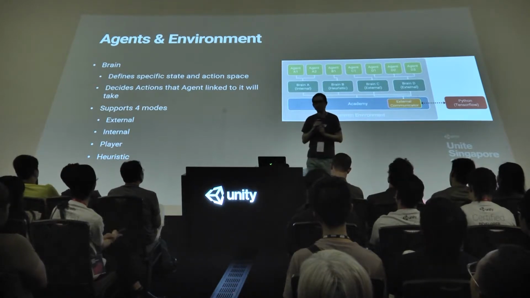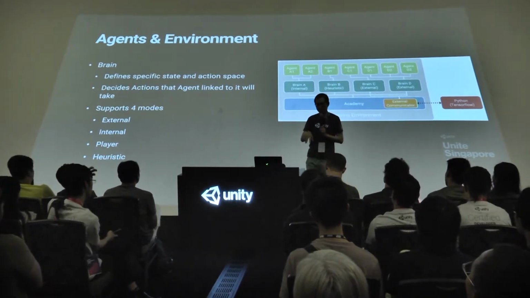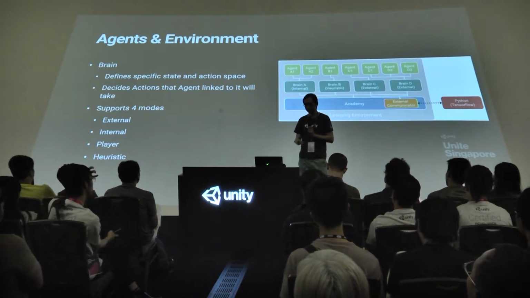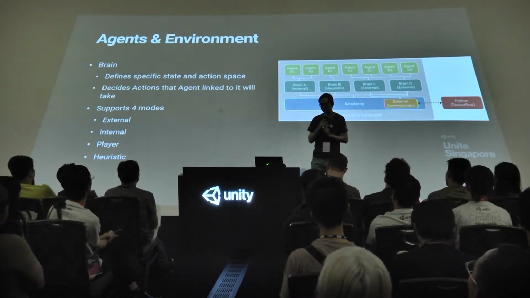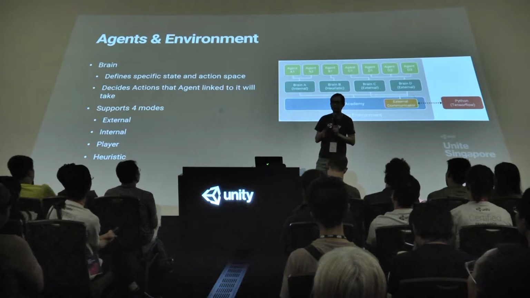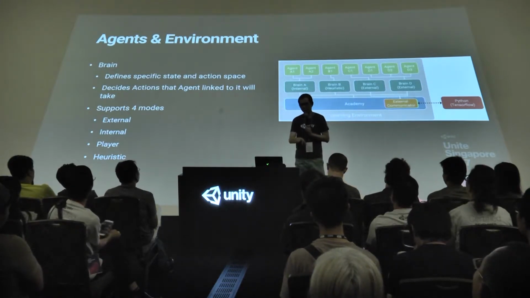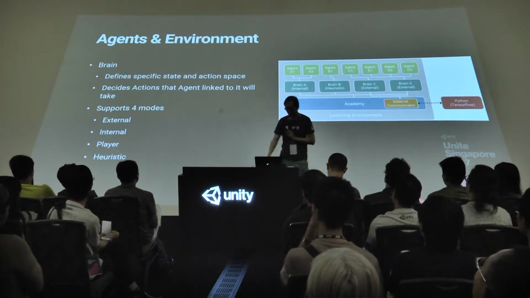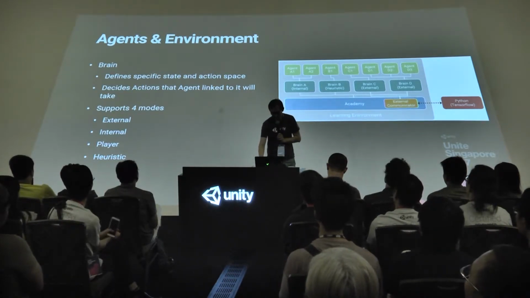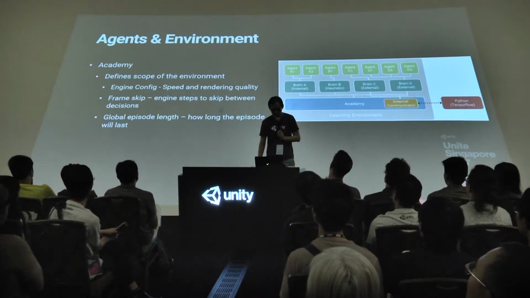Player, of course, is you allow the player to be controlling the brain, right? This is like you're the player and you're controlling this character. Heuristic will be the traditional hard-coded way where you have to hard-code the AI's behavior. So the interesting part here is the external and internal.